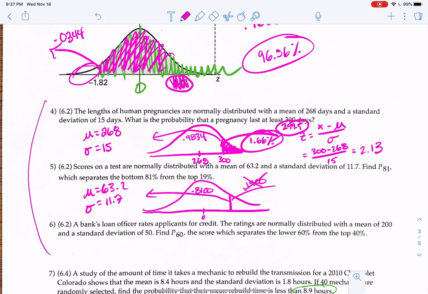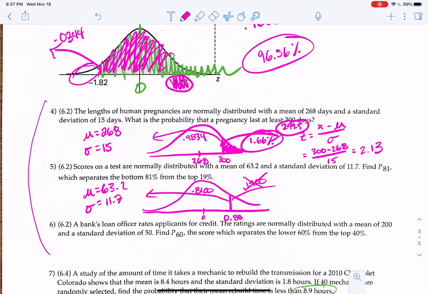We don't care about this 19% because the way that we read our table is to the left, okay? 81% is going to be looked up in the table backwards, so you're looking at the inside of the table and trying to find the z-score. So the closest number to 0.8100 is 0.8106, which is located at 0.88 as a z-score.